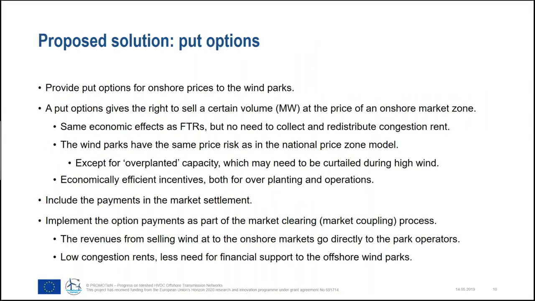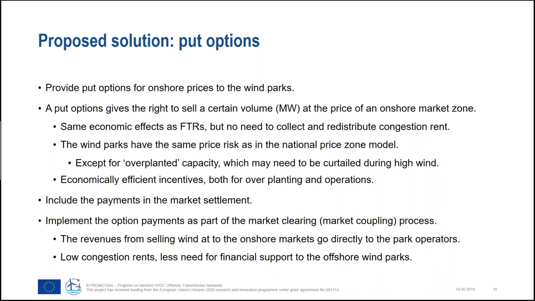The solution that we propose is to provide wind parks with put options for onshore prices. The economic outcome is the same as the use of FTRs. However, it avoids the money flow from onshore revenues to generation to congestion rents, and then the need to give the congestion rents back to the park operators.